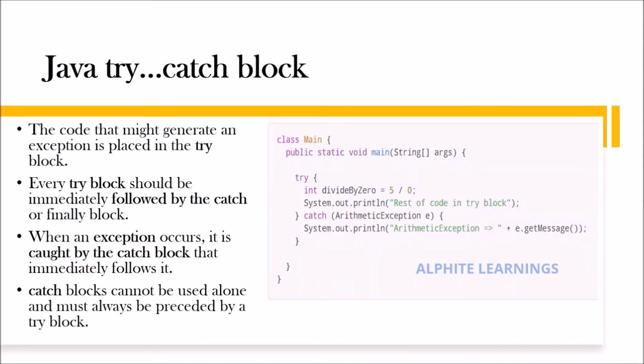Sometimes you can give try separately, without any catch: try and finally alone. But you cannot define any catch block without a try before it. Catch always comes in pair with try. Understood?